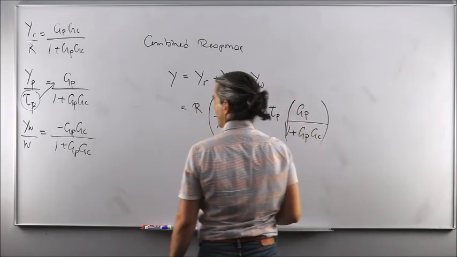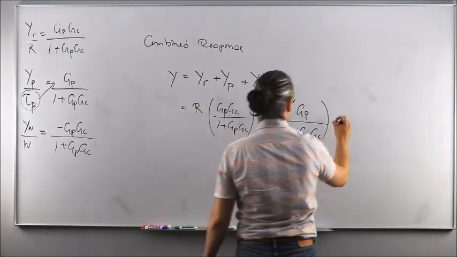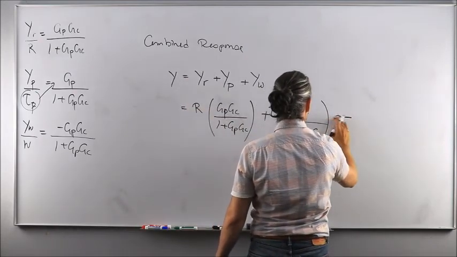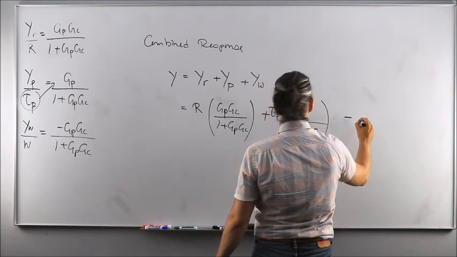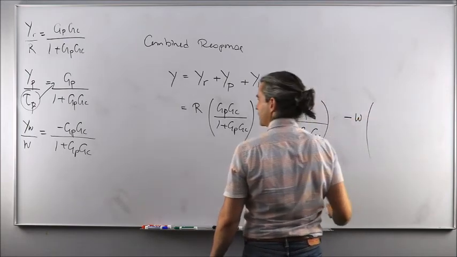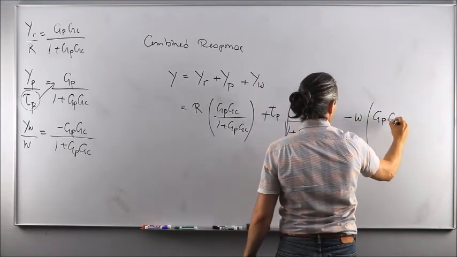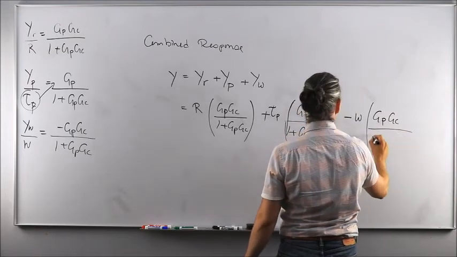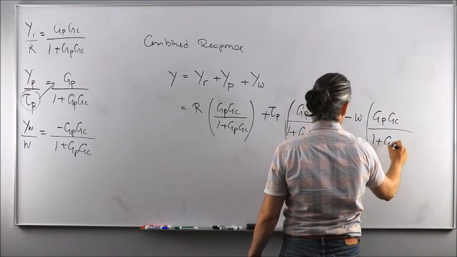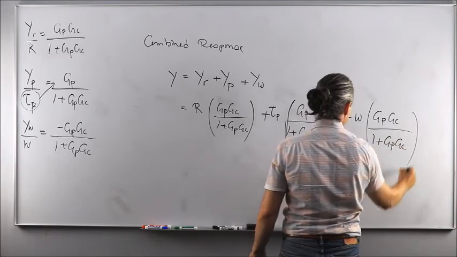Okay, and lastly YW is going to be minus W that multiplies GP GC over 1 plus GP GC.